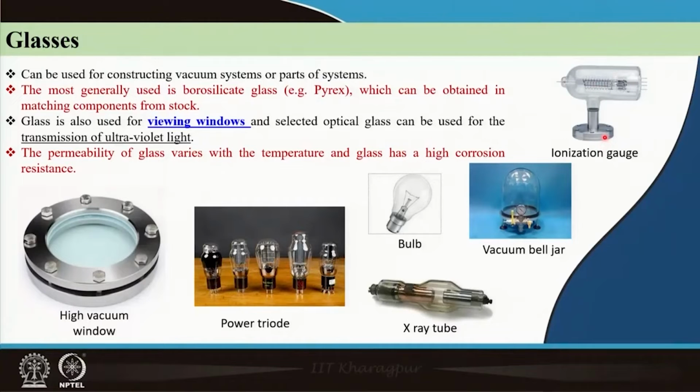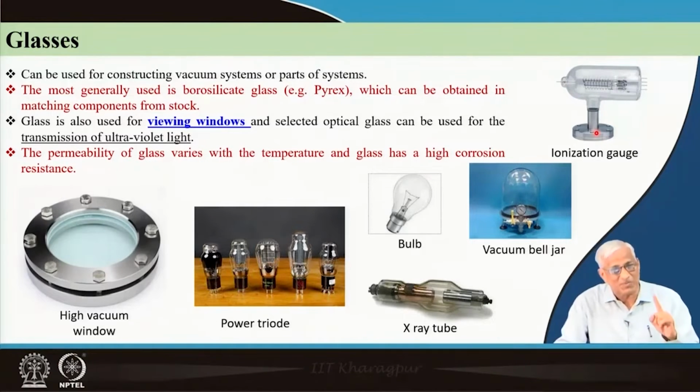You will have to be careful while handling glass, but glass is better than even stainless steel. It will not leak much. So, if you handle glass properly, you can do wonders in vacuum technology.